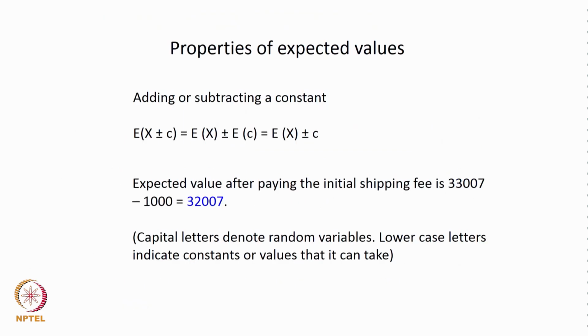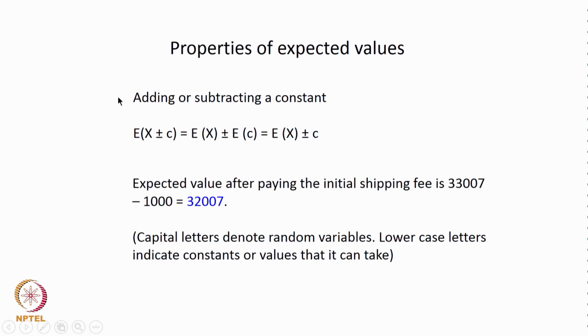Now, let us continue the discussion by looking at properties of expected values, because we always have this question: what happens when we add or subtract a constant, what happens when we multiply, and so on. So, expected value of x plus or minus c, where c is a constant, is expected value of x plus or minus expected value of c. Now, c being a constant, its expected value will be c itself, and therefore, E of x plus or minus c is equal to E of x plus or minus c.